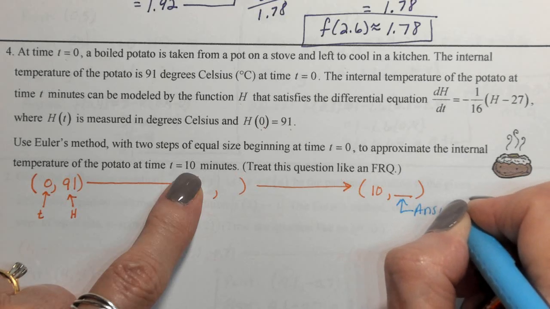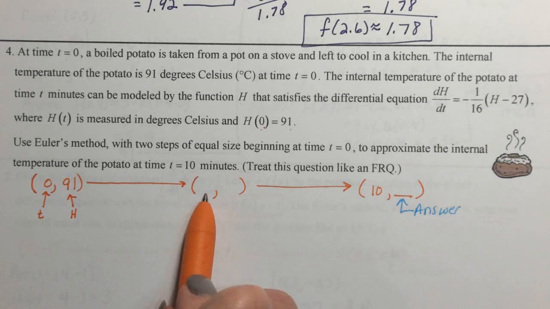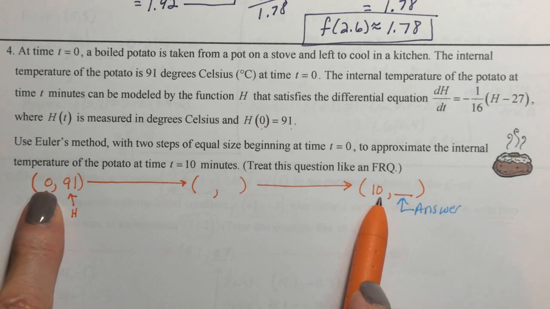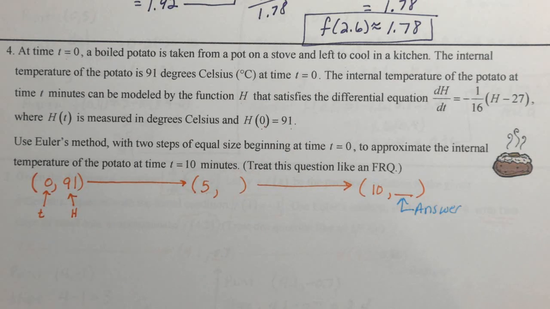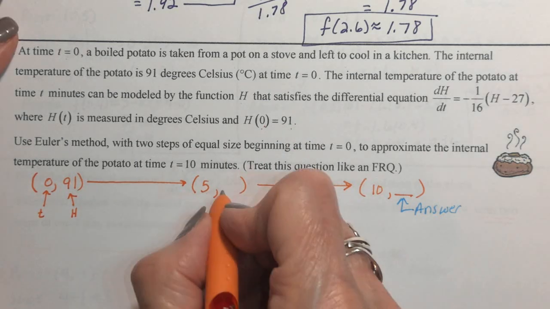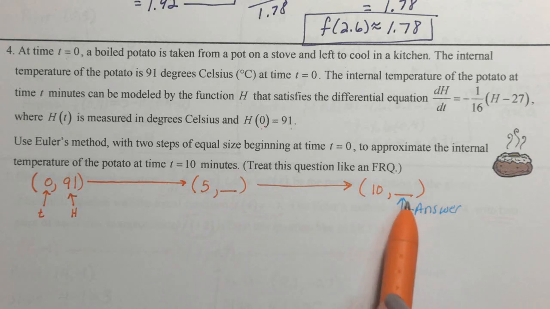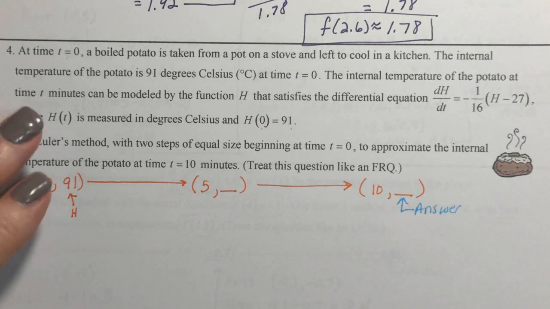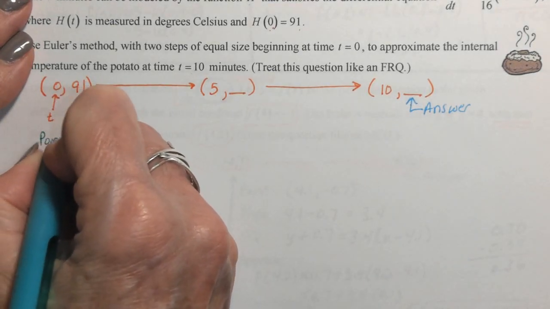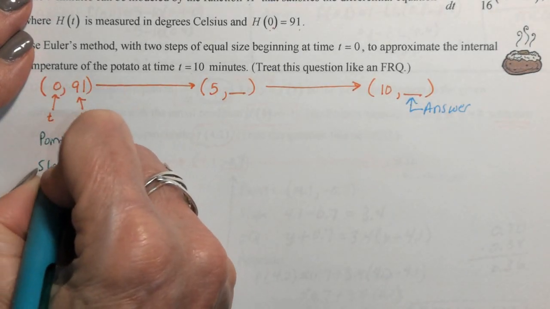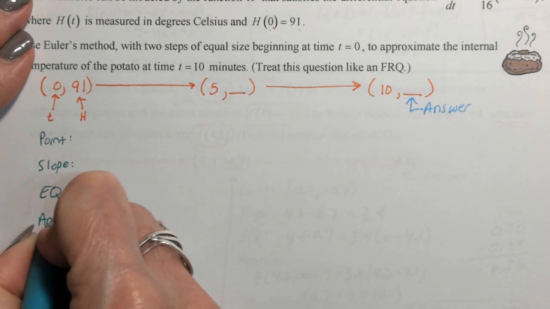We are approximating that temperature. So my middle time is halfway between 0 and 10, 5 minutes. Okay? So I will get my y-coordinate at my middle point and then use that point to get my answer. Point and slope, and then EQ. Point and slope, then EQ, then approximation.